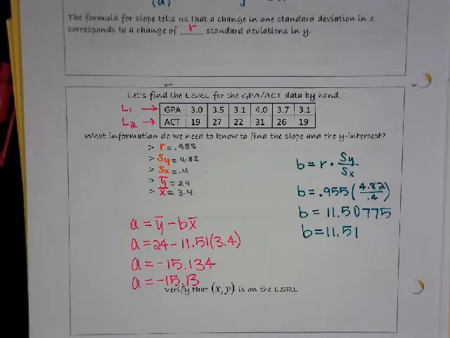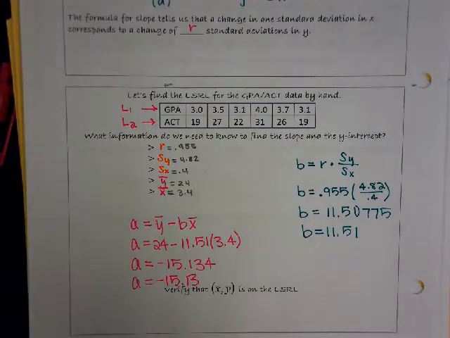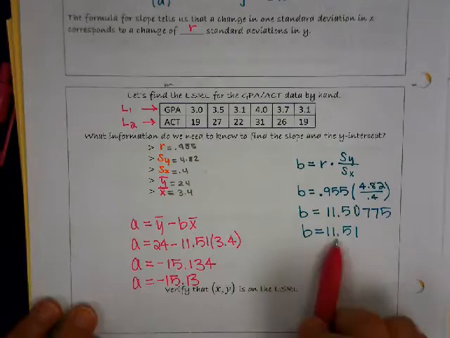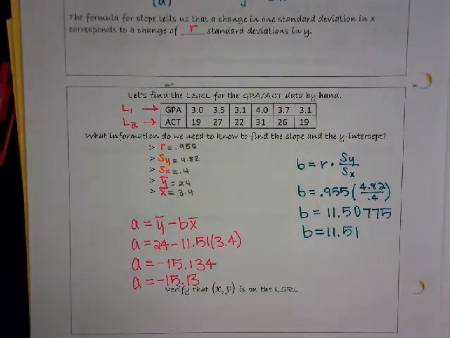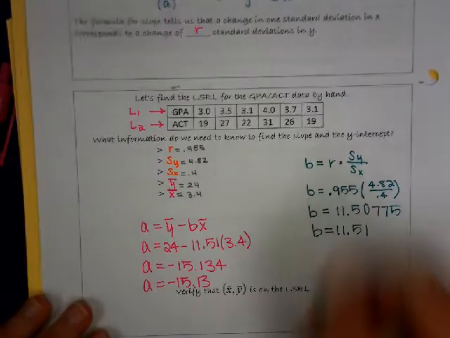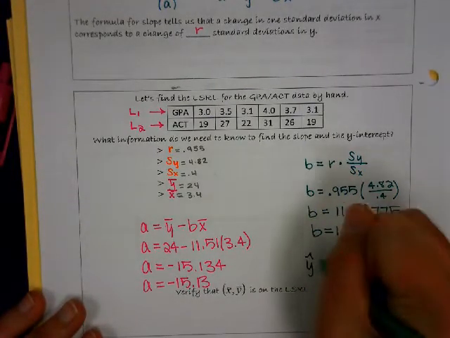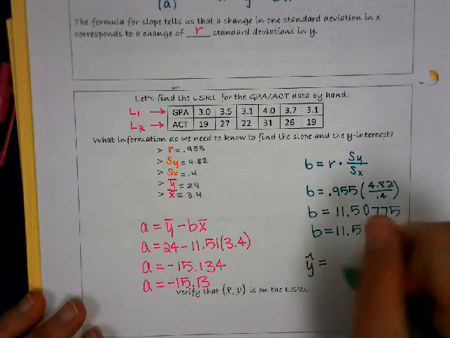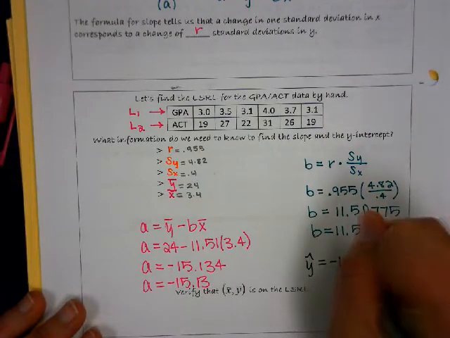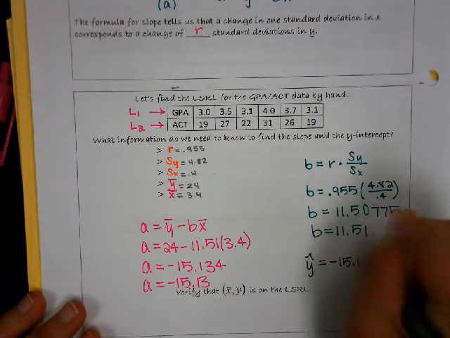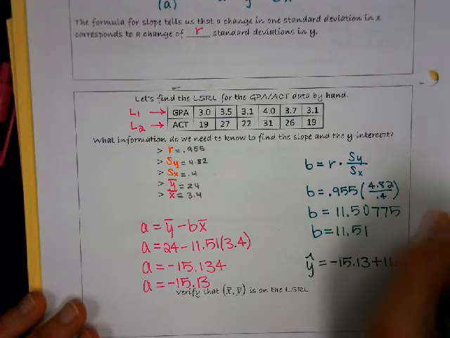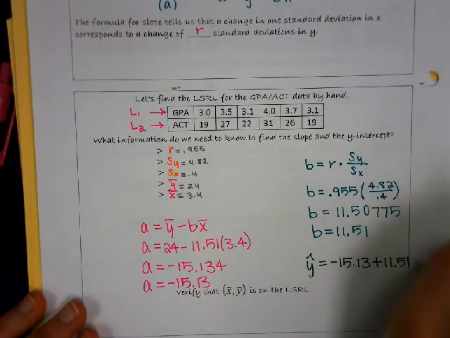Are we good? Yeah. All right, so we have our slope, we have our y-intercept, and we can put our formula together. So our least squares regression line is y hat equals, we put the y-intercept first, so negative 15.13 plus 11.51 times x. Anybody remember what the calculator gave us yesterday?